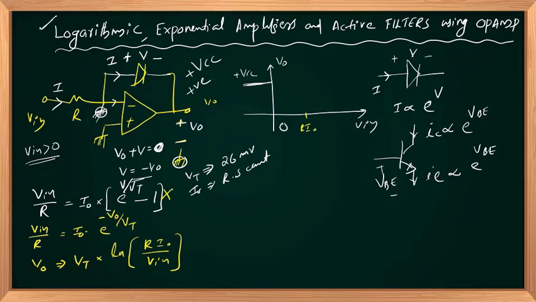If Vin is less than R I naught, the argument of the natural log function will be greater than 1, so that will be positive. This is exactly 0 at Vin equal to R I naught. If Vin is greater than R I naught, the argument is less than 1, so it goes negative.